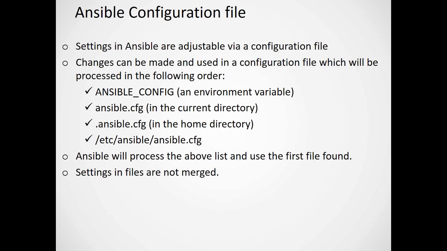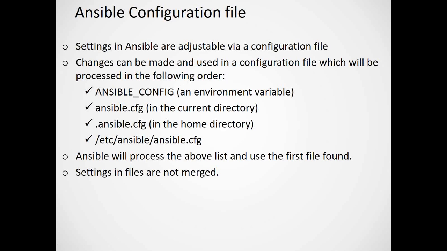So if you want to use a different configuration file, you can put ansible.cfg in some directory and invoke Ansible from that directory itself, so that it will check in the current directory. If it is able to find an ansible.cfg, then it will use this and configure based on that.